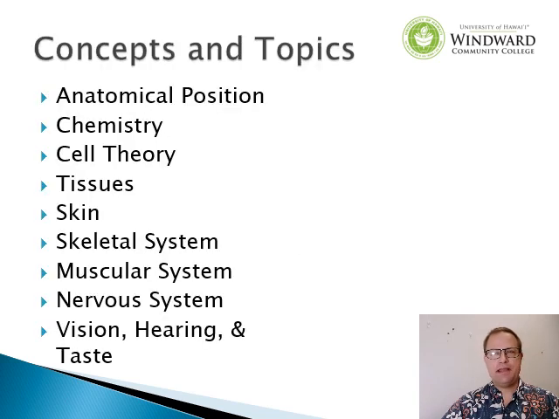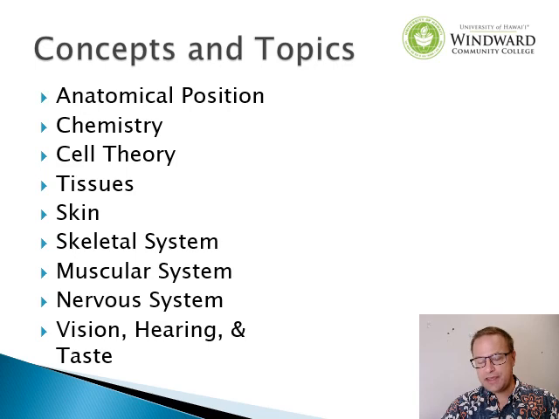Okay, so here are the basic concepts we're going to tackle this semester. We're going to start out with an introductory lecture on anatomy and physiology, what it is, what the different studies of anatomy are. Then we're going to talk about anatomical position, talk about terms like proximal and distal as they refer to the human body. And then we're going to spend the next 2 or 3 weeks just doing an intro to biology.